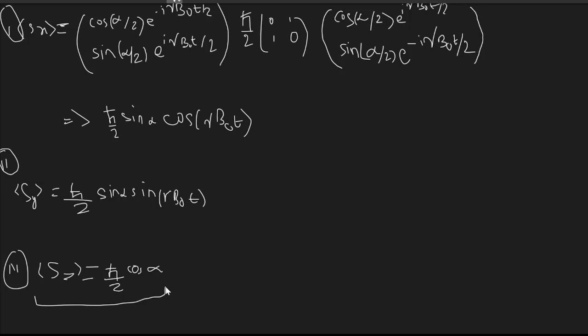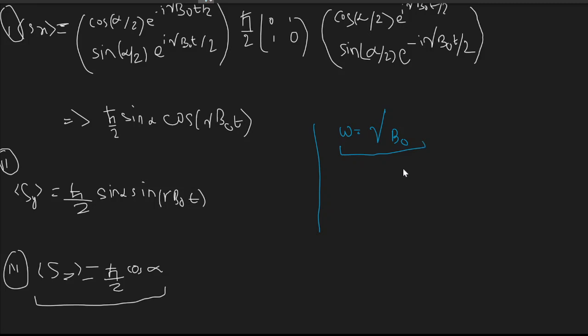But finally, what's the frequency at which the electron is doing that precession? The angular frequency of that precession is gamma B naught. So this is the angular frequency.